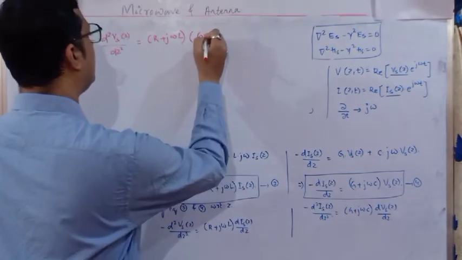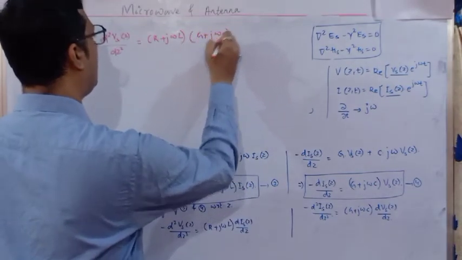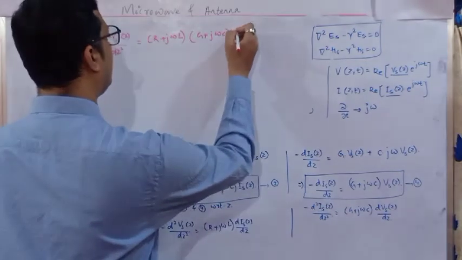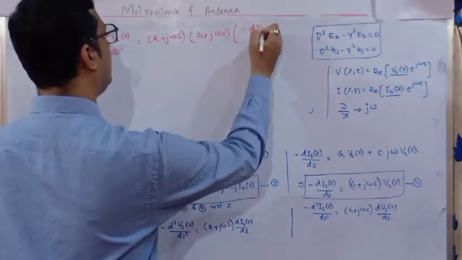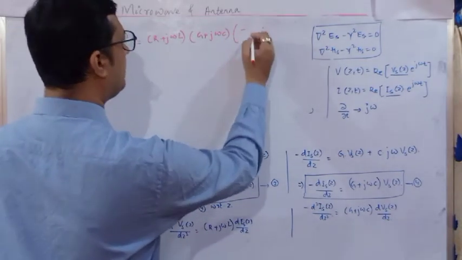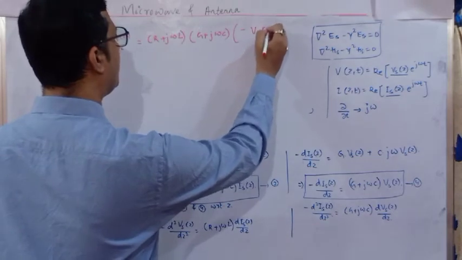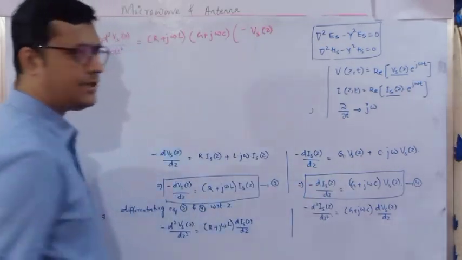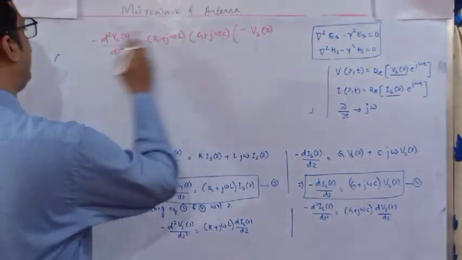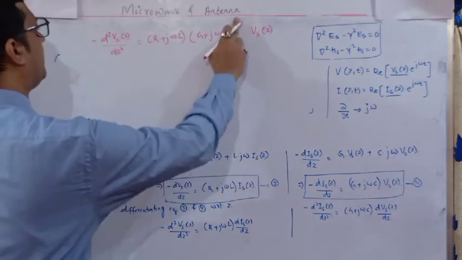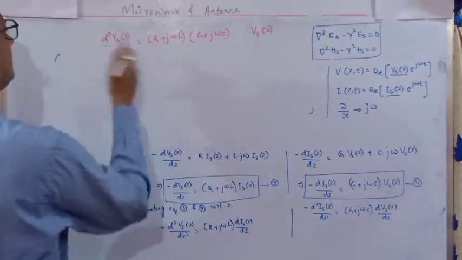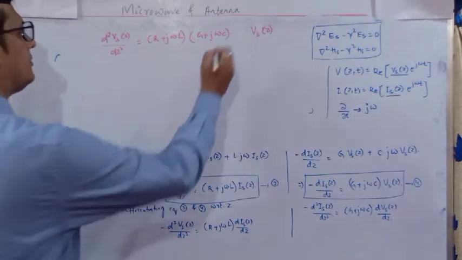It is minus G plus j omega C Vs of z, because this minus will come to this side. So this minus and this minus will cancel out and become plus sign.